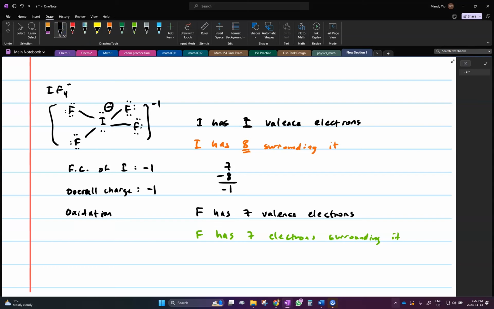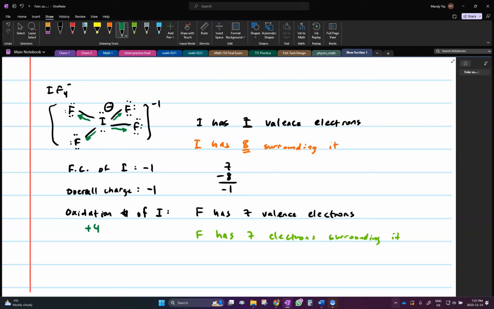And so therefore, the oxidation number of iodine is, now per single bond, per line basically, iodine is going to lose 1 electron to fluorine per line. So if iodine is losing 4 electrons, that means it's plus 4 because it's losing 4 negative charge.